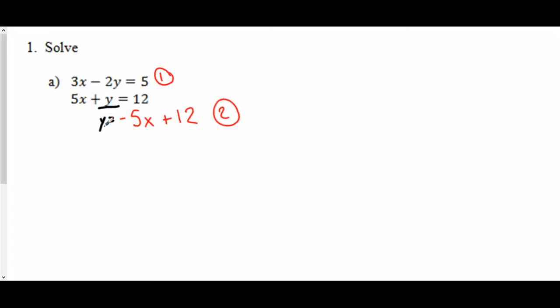So now that I have an equation isolated for y, I can sub that into equation 1. So I'll say sub 2 into 1. Once I do that, I'll end up with something like 3x minus 2 times (negative 5x plus 12) equals 5.